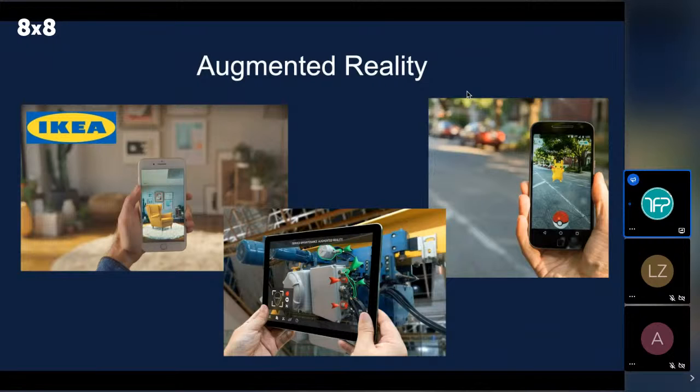So IKEA, for example, has this app where you can select some of their furniture pieces, and it essentially projects it onto your room, and so it'll act as if it is there in real life. And so you can see, hey, does it fit over here? What color looks good? Where?